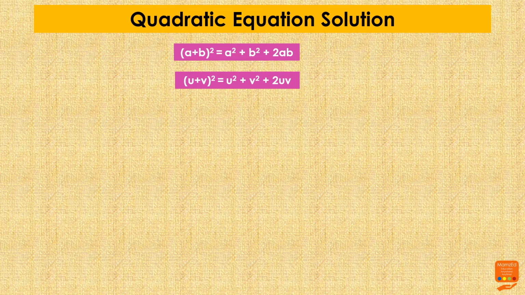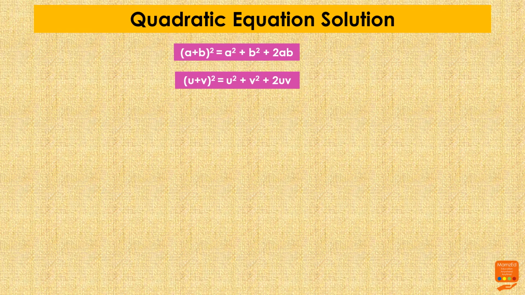And remember, we are doing this to avoid confusion because both the quadratic equation and the perfect square equation have the same alphabets. Using u instead of a and v instead of b will avoid this confusion.